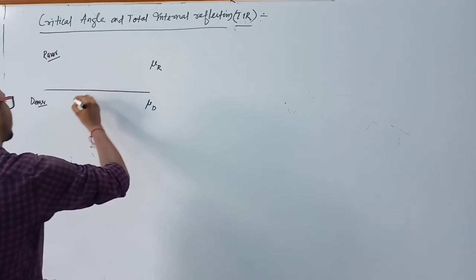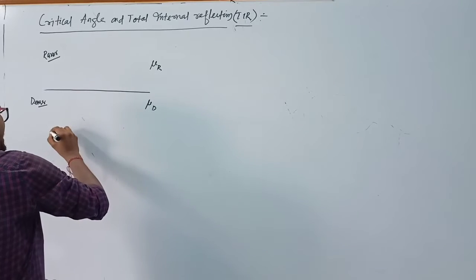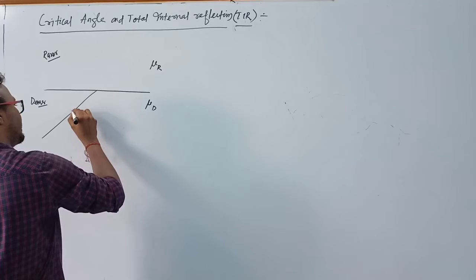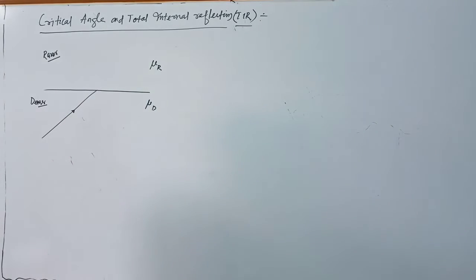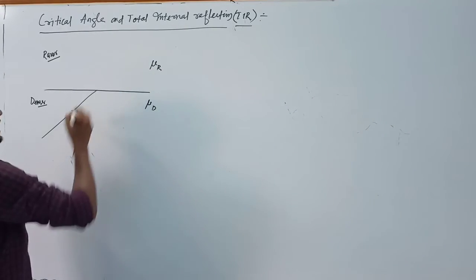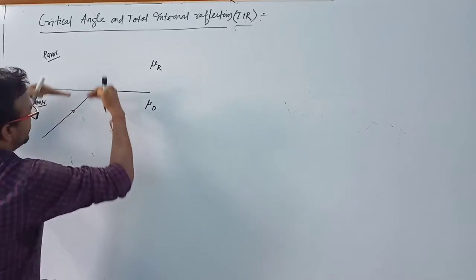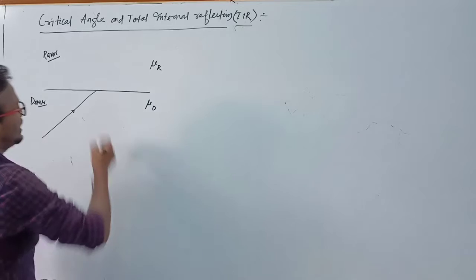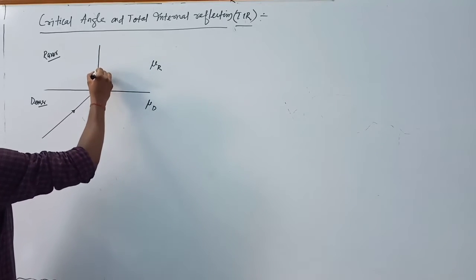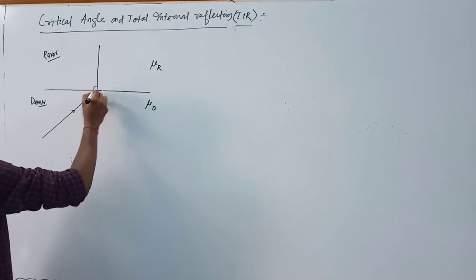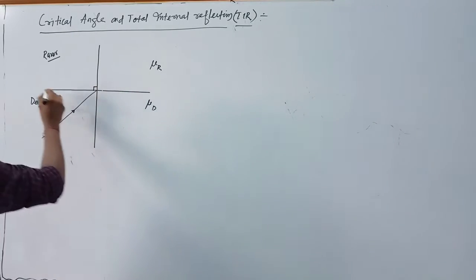And suppose a ray of light is traveling from denser to rarer medium, then at the point of incidence which separates the two media, we have to draw a normal, and this normal is perpendicular to this interface xy.